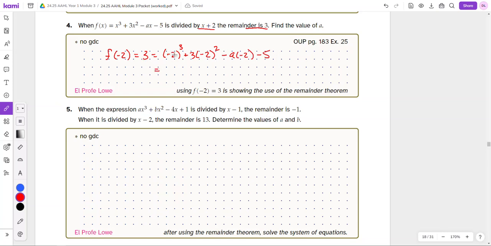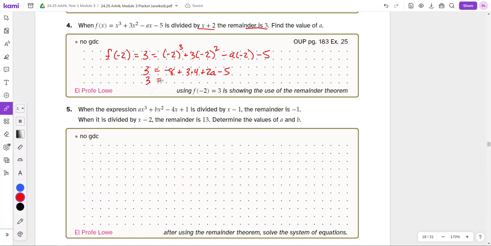Okay, if we do that, negative 2 to the third power is negative 8, plus 3 times negative 2 squared, that's 3 times 4. Got a little ahead of myself there. So plus 3 times 4. And then minus a times negative 2, that's going to be plus 2a, and that's minus 5. So I know 3 has to equal all of that.